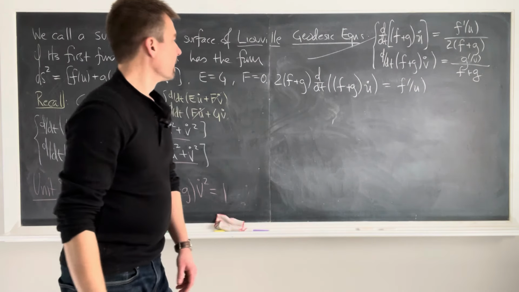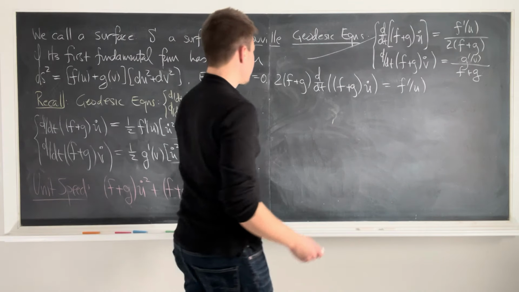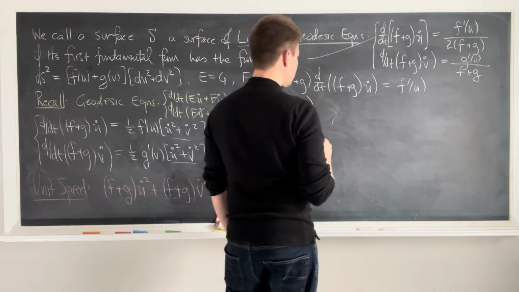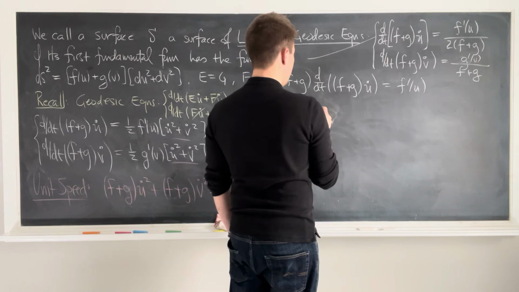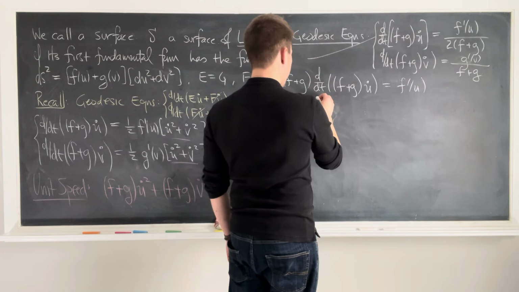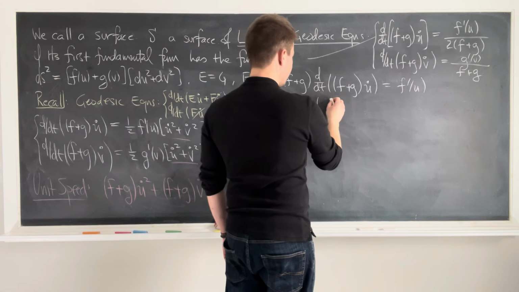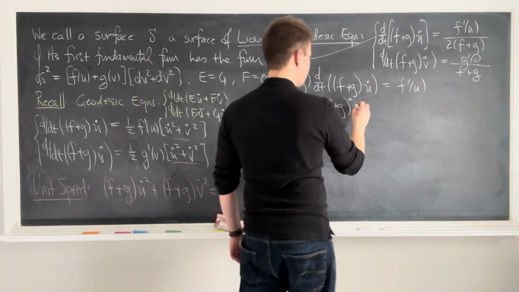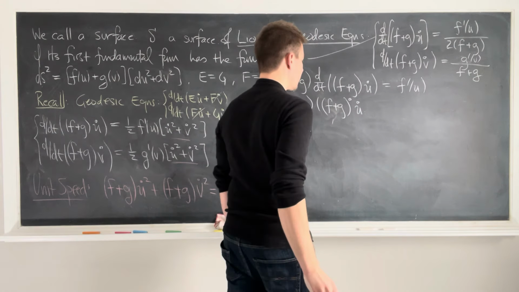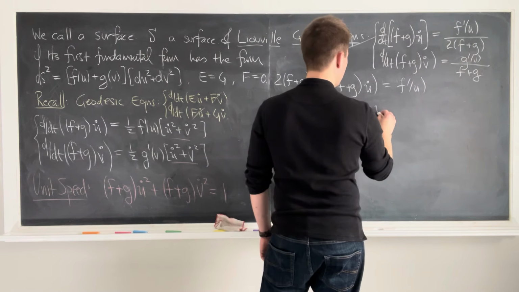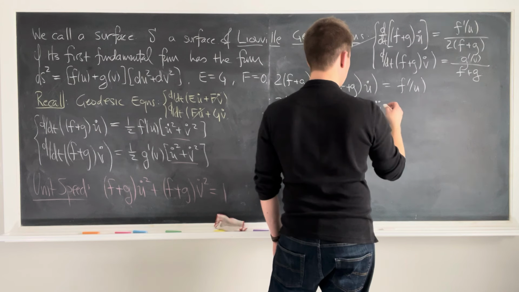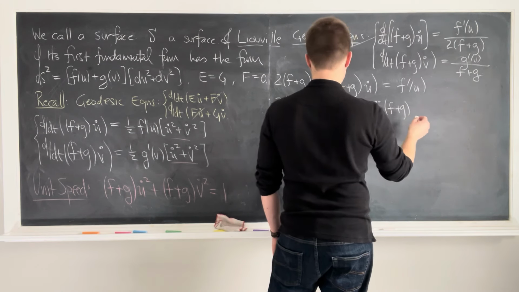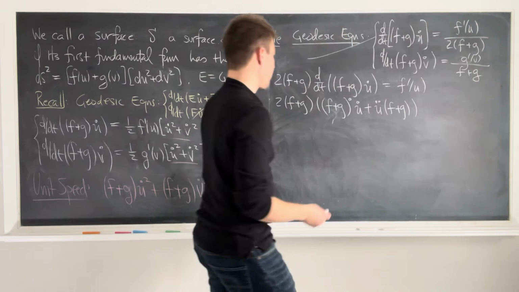And so now if we expand out this derivative, this is 2(f plus g), then I'll have the derivative of this thing over here, so I'll have an (f plus g) dot u dot, plus u double dot times (f plus g), is equal to f prime of u.